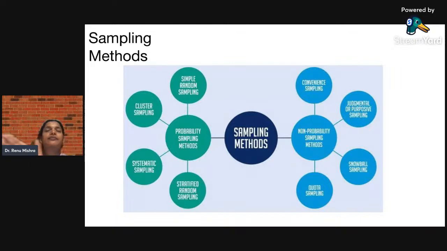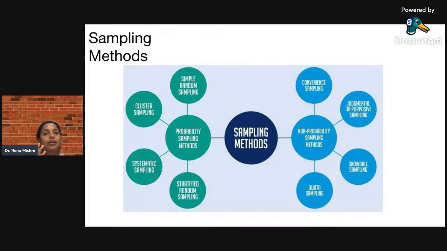The basic difference is that probability sampling means those methods which give every person an equal chance to be chosen as a sample. On the contrary, non-probability sampling does not give an equal chance to everyone.